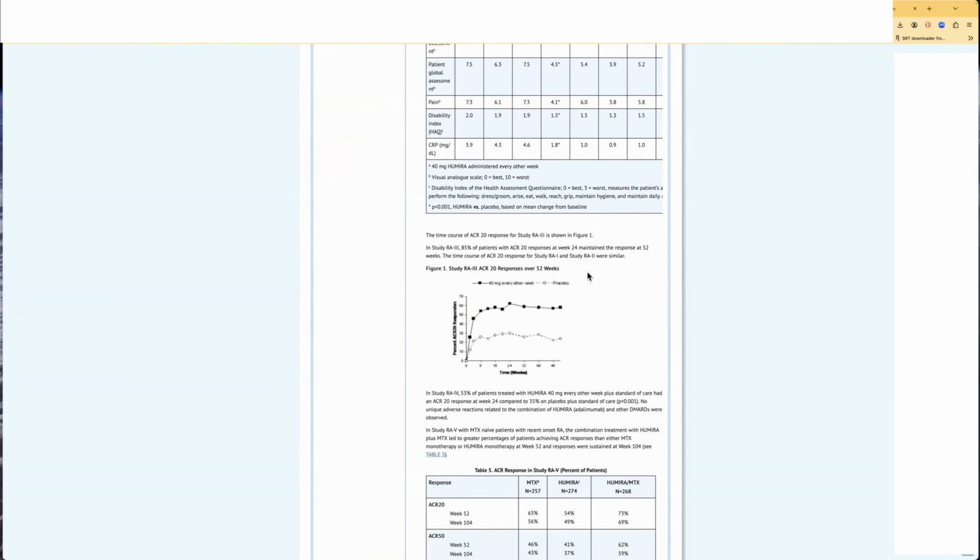clinicaltrials.gov. So if you would like to, for example, refer to the study that has been testing the efficacy and safety of Humira in the clinical setting or on humans, you can always go to clinicaltrials.gov and search for studies RA3 ACR, for example.